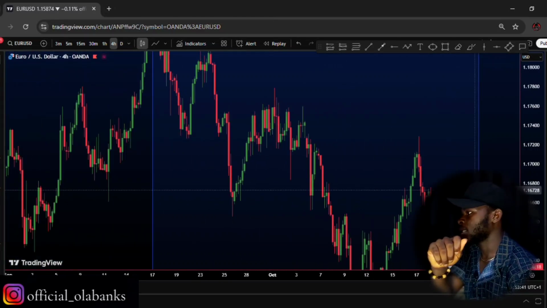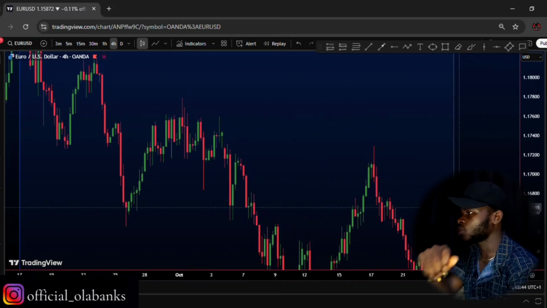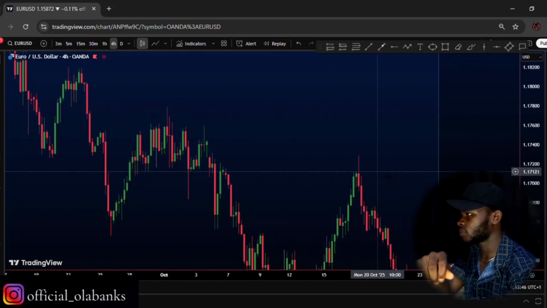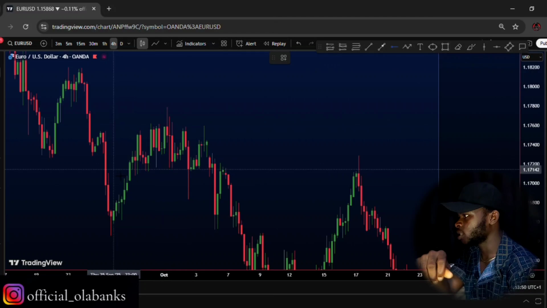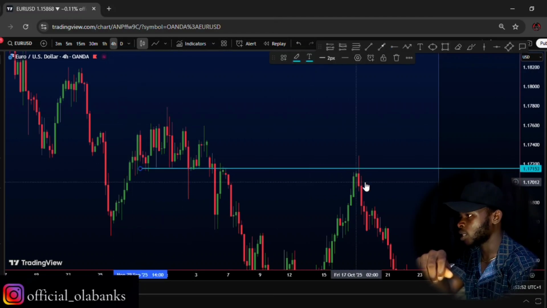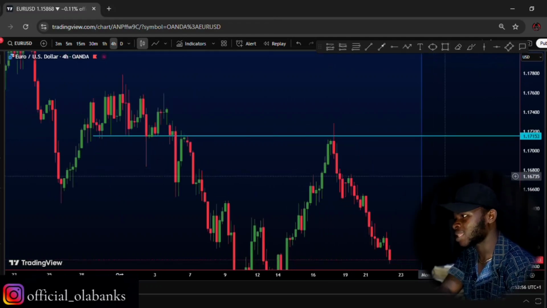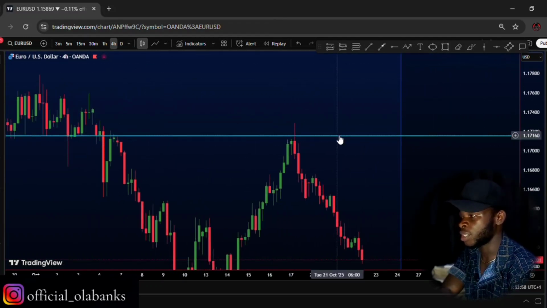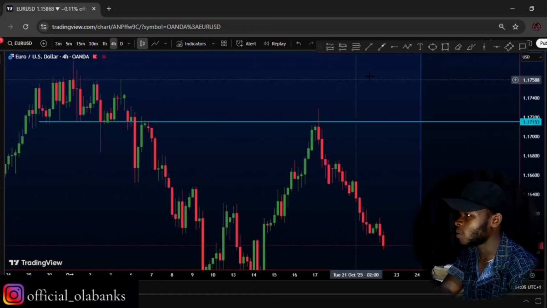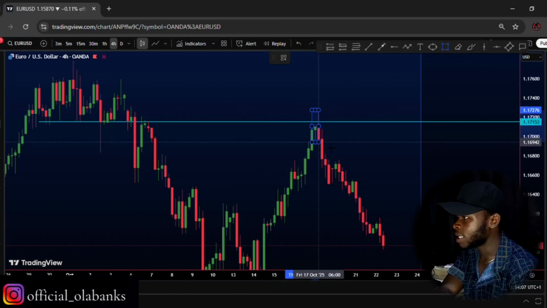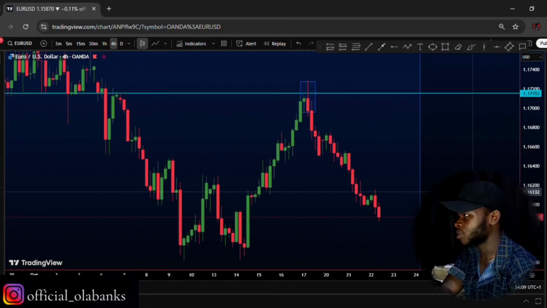So how do we get that? I've told you guys, if you can't see things well, this is my own support. This is my own resistance rather. I literally use this resistance on the higher time frame. My higher time frame here is the H4. Now here I'm seeing the market is selling already.